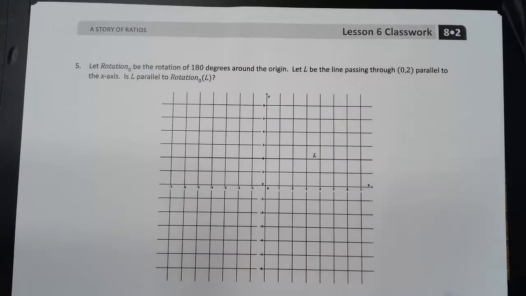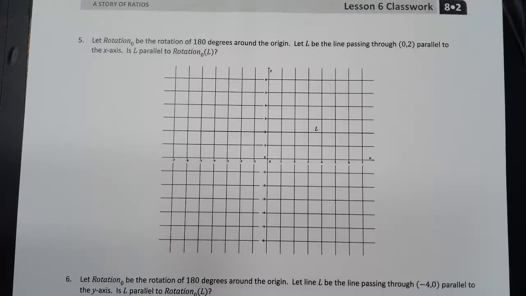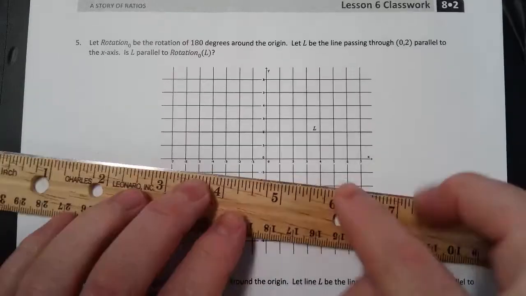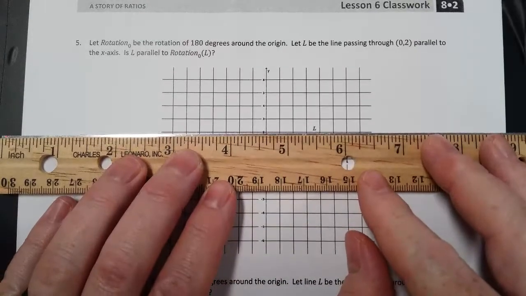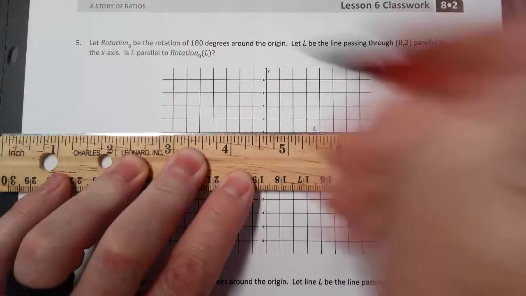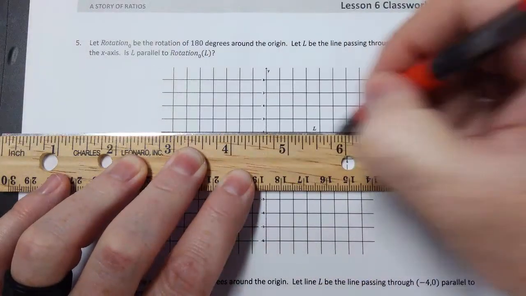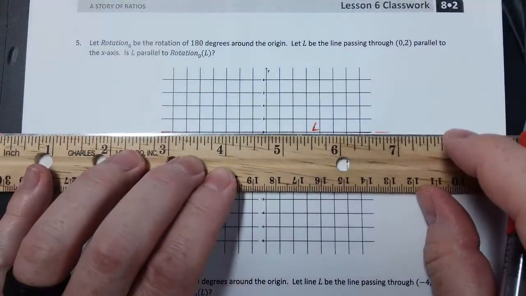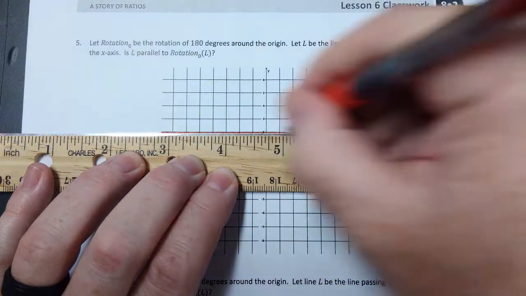Number 5 on page 58. We have a line that, it's hard to see the line on my paper. Let me draw it for you. They give us this line. That's line L. Oh, hopefully you can see that. I might need a bigger marker, a bigger pen.